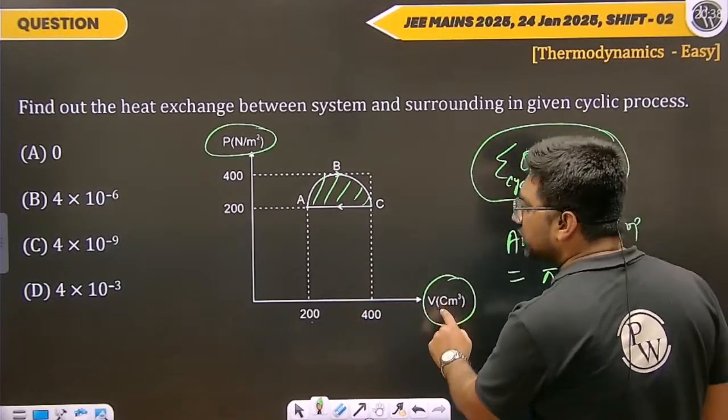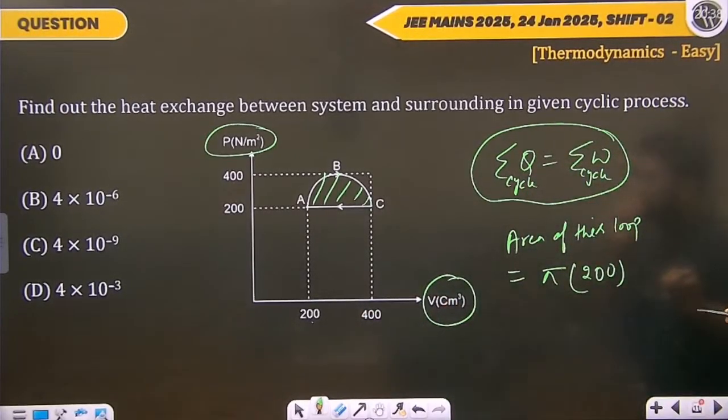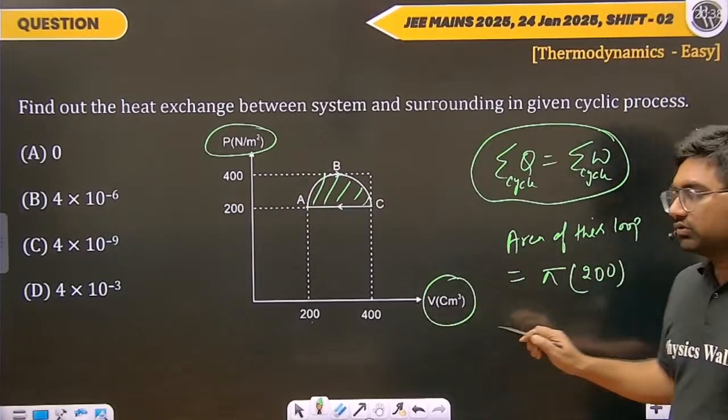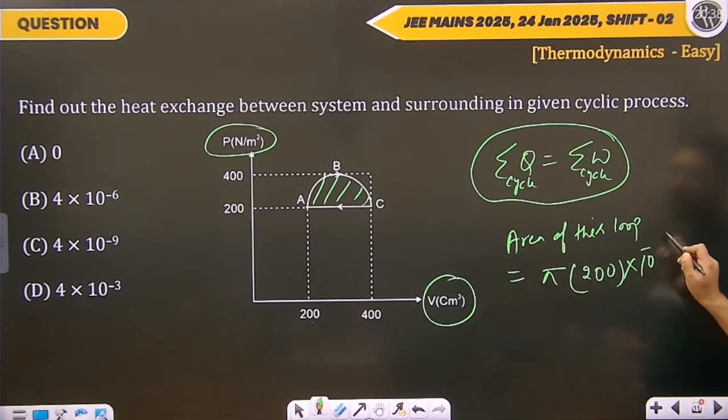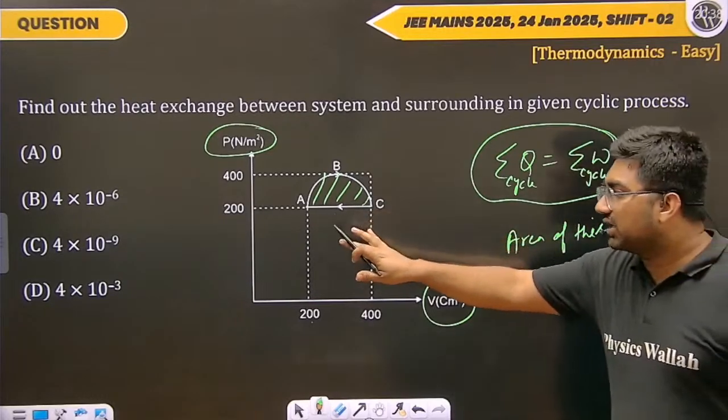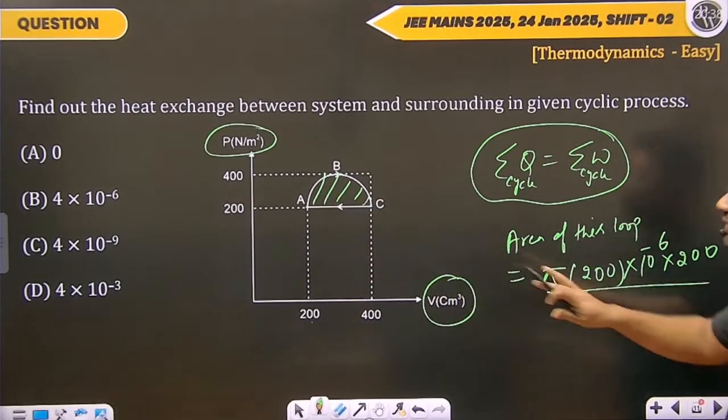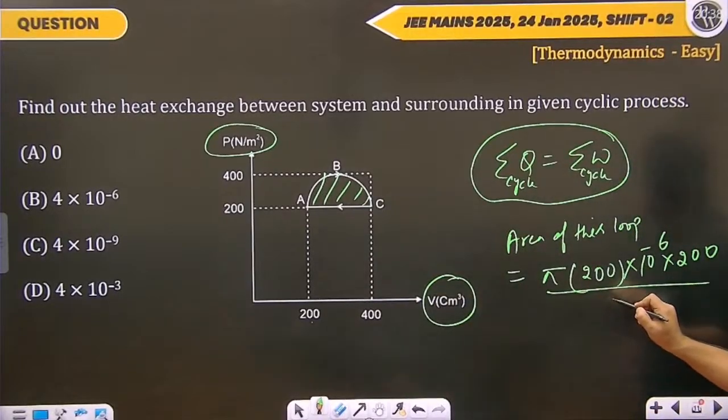And this is centimeter cube. So we kept it in meter cube. Then multiply by 10 to the power minus 6. Okay, and this is 200. But this is the area of a circle, but this is a half circle, so divide by 2.